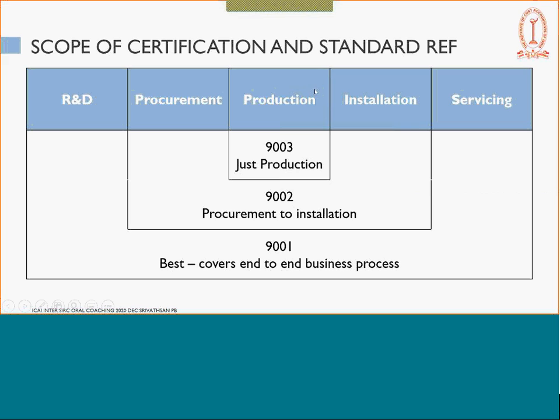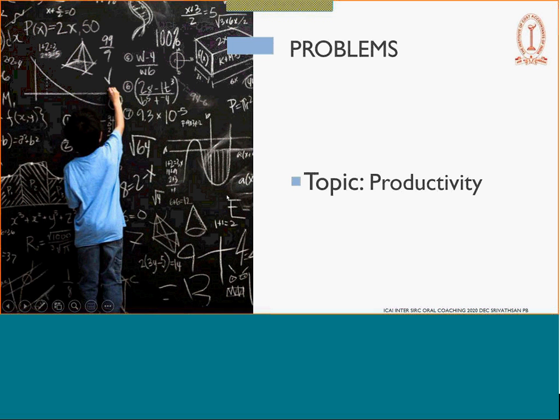This process is all very good. But after service, I don't know. If your TV has a problem, they may not fix it well because there is no standardization here. They may do a good job, they may not. With the 9001 certification, you can be assured that their servicing will also be very good. So that will be the 9001 process.